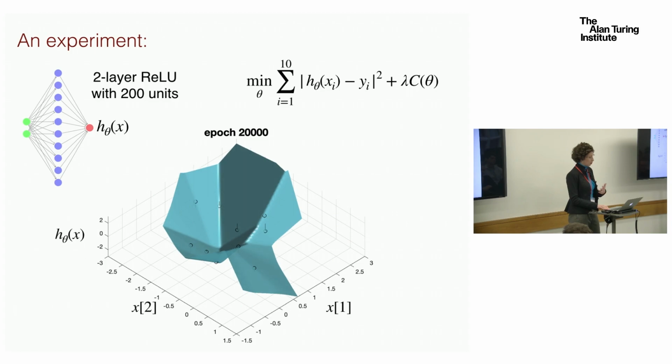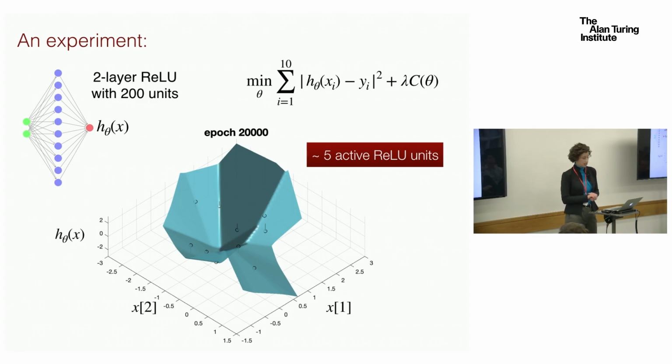After doing this for a while, I end up with a function that perfectly fits all of my 10 data points. But even though I have 200 ReLU units in the middle, only about 5 of them have pretty substantial weights. The remainder have very small weights and are really not playing a significant role in specifying this function h.